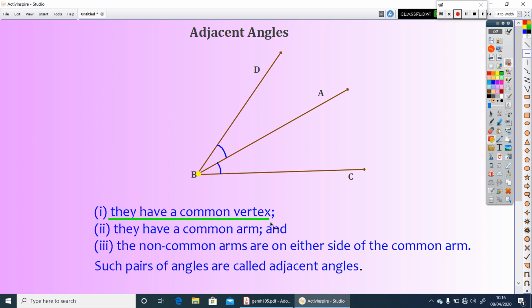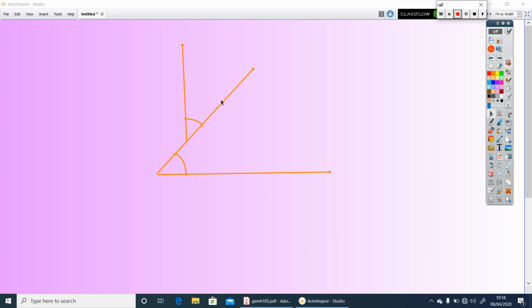The first condition, they have a common vertex. The second condition, they have a common arm. And the third condition, the non-common arms are on either side of the common arm. If these conditions are satisfied for a pair of angles, those angles we can call adjacent angles.